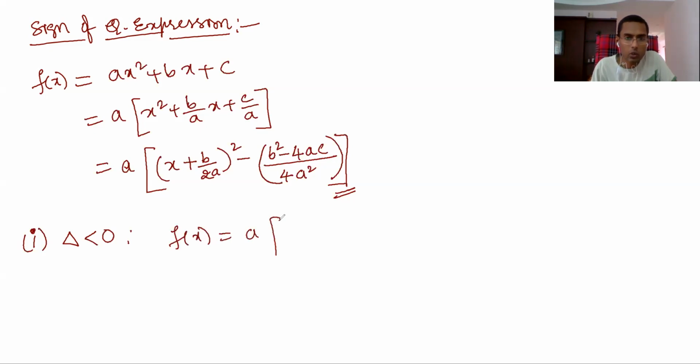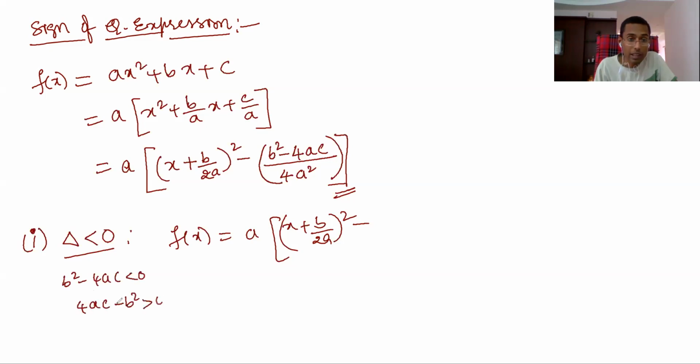Now f of x is a into x plus b by 2a whole square. This is one part. Minus, understand, b square minus 4ac is negative, so negative into negative is positive. That means b square minus 4ac is less than 0, so 4ac minus b square is greater than 0.